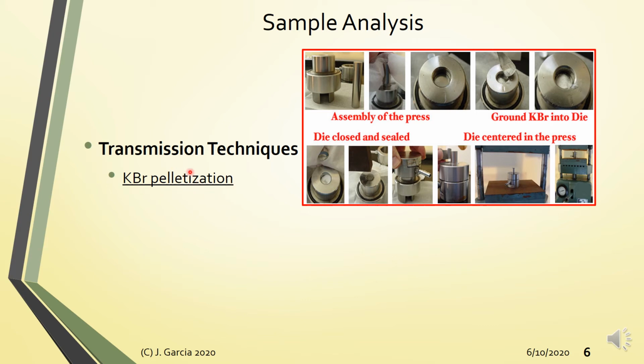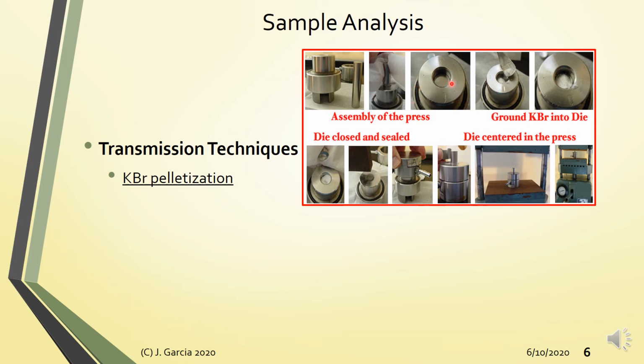So basically here what you do is you mix ground, dried KBr salt with your analyte sample. Usually ang ratio ginagamit is roughly 1:10, 1 part ng analyte to 10 parts ng KBr. Alright, you grind your sample with the KBr, and then you place it in this die press ang tawag dito.